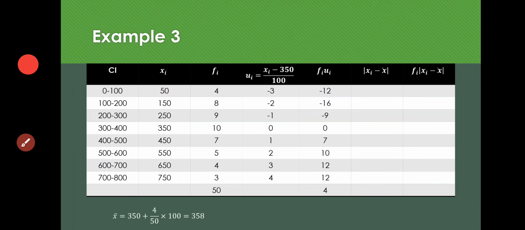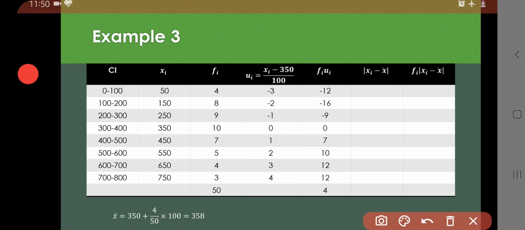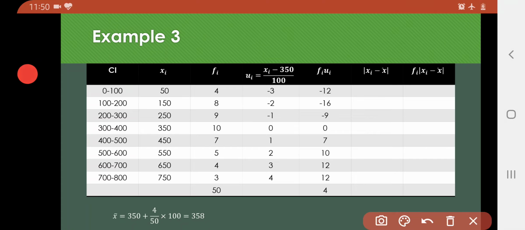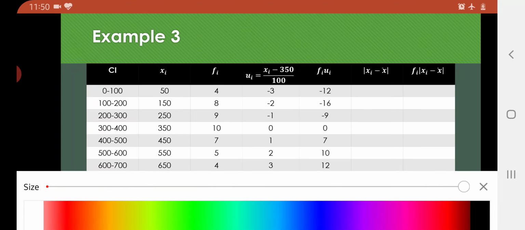So mean will be, now the formula for finding mean in the step deviation method, if you remember, let me just write it once again.